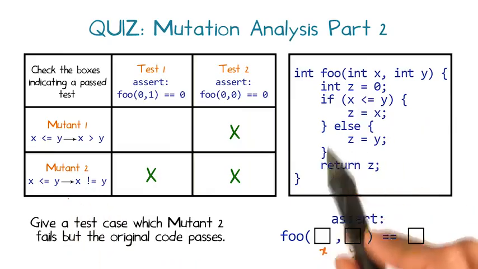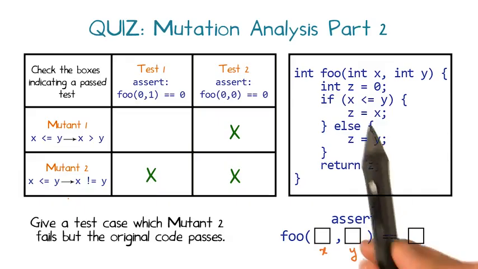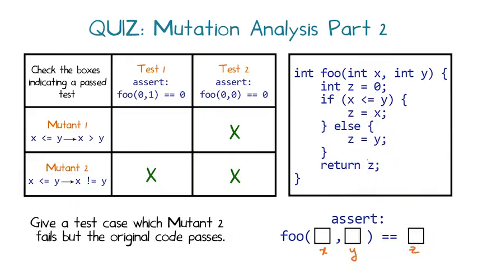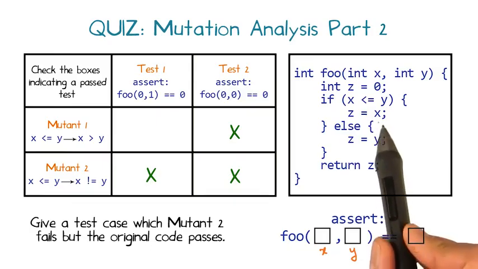Notice that in the original program, foo returns the minimum of its 2 arguments. So in order for foo of x, y equals z to be a true expression, z needs to be the minimum of x and y. On the other hand, for the mutant program, if x and y are unequal, then foo returns x.